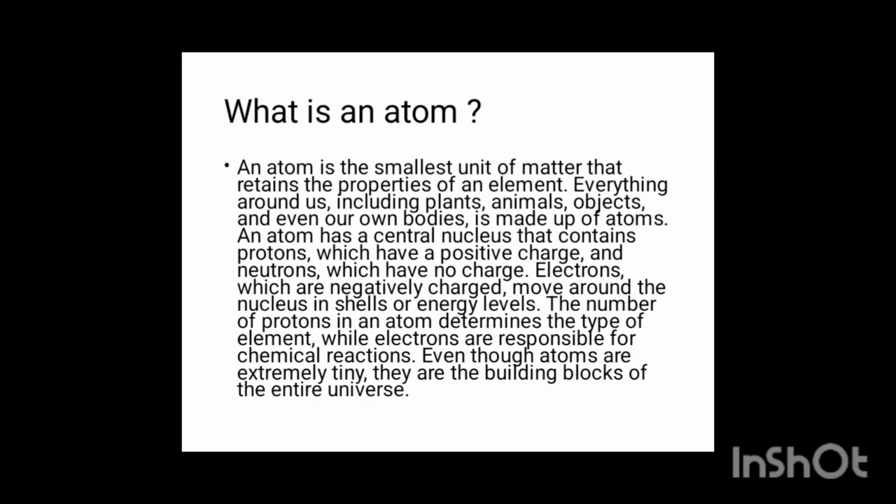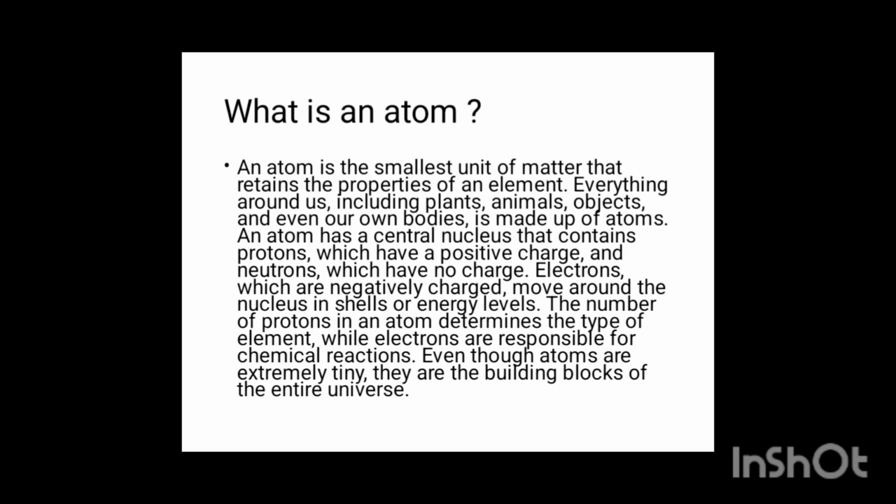Then electrons, which are negatively charged, move around the nucleus in shells or energy levels, or you can say in orbits. These electrons keep moving around the atom, carrying negative charges with them.